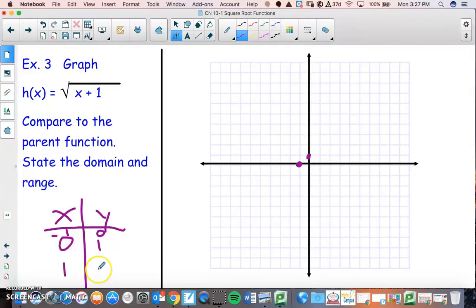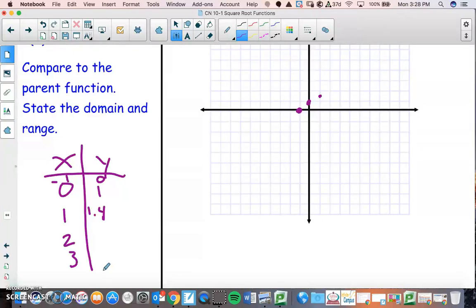And when I plug in a 1, 1 plus 1 is 2. Square root of 2 is not a very nice number. It's actually about 1.4. So I go to the right 1 and go up to 1.4. And I graph that. Same thing here, 2 plus 1, so the square root of 3 is also not a nice number.